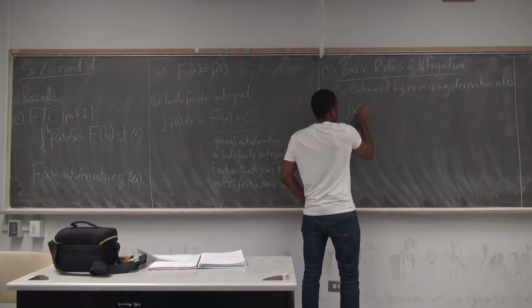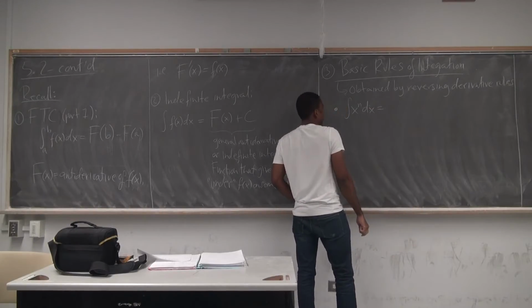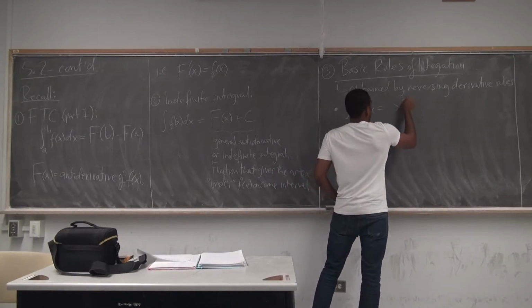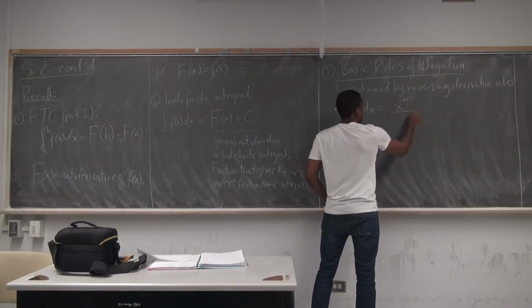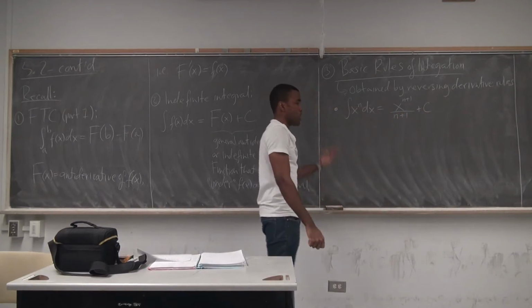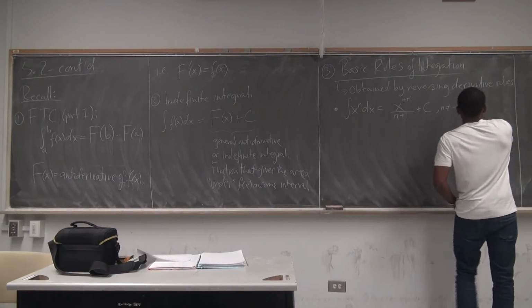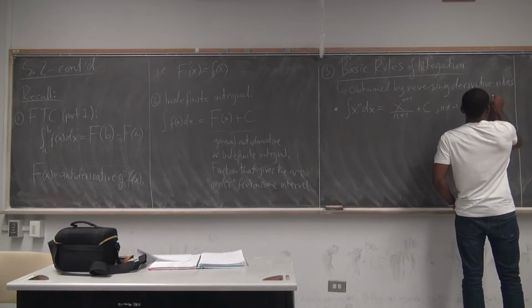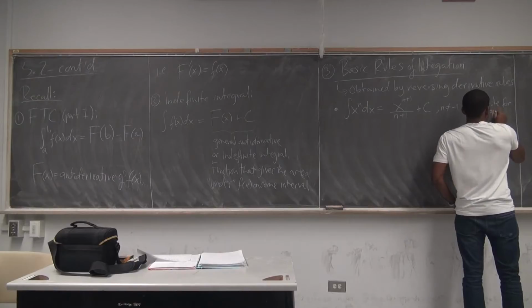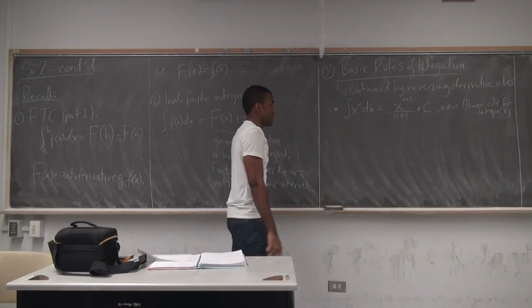The antiderivative of x to the n is, what was that? x to the n plus 1 over n plus 1, plus c. So you kind of reverse what you did with the power rule for derivatives. This works for n not equal to minus 1, and this is called the power rule for integrals. It's basically a shortcut to find the area under a curve that looks like x to the n.